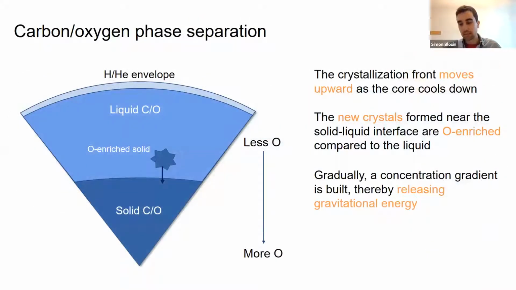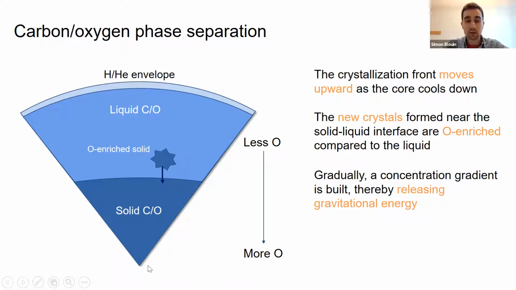On top of this latent heat release, you also have a phase separation or chemical fractionation process. So I will take the example of a carbon-oxygen white dwarf. When the carbon-oxygen mixture starts to freeze, the crystals that are formed will tend to be enriched in oxygen compared to the average oxygen abundance in the liquid mixture.